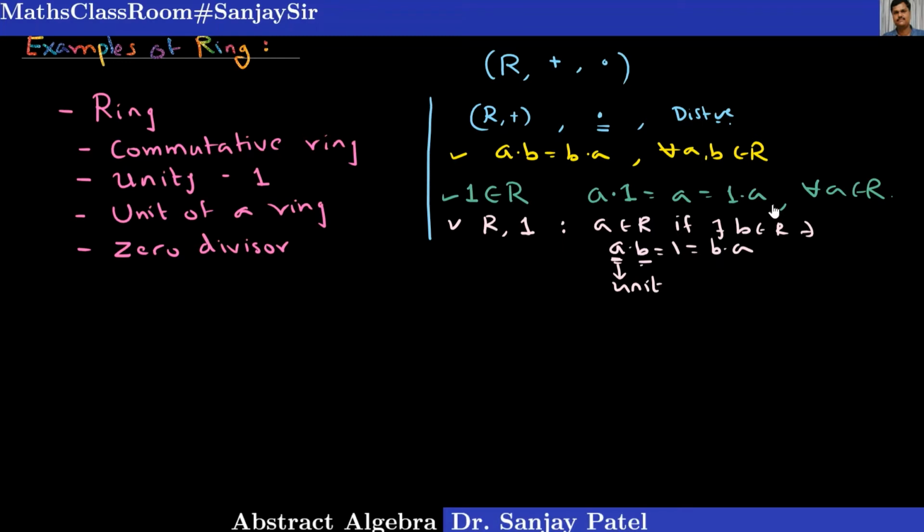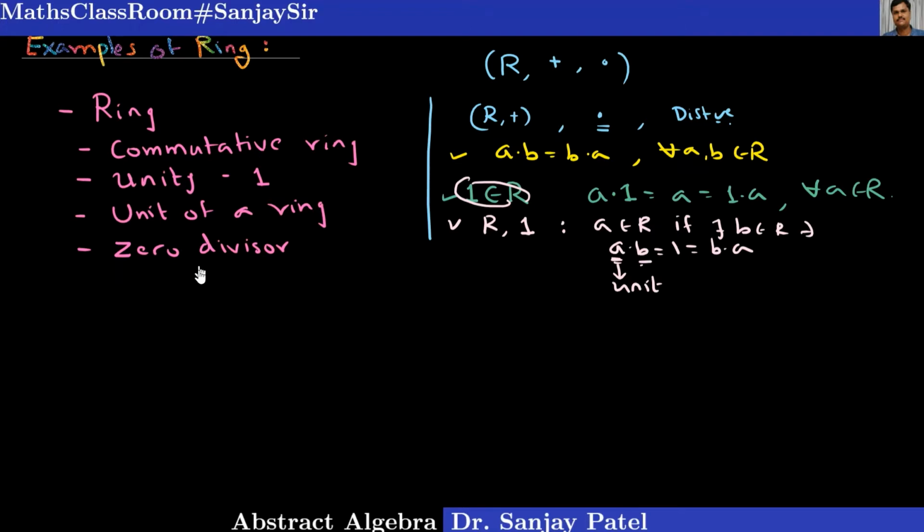Remember the difference: this one is unity element, and this a is a unit element. Unity and unit are different things. Also, if a is a unit, then b is also a unit. In short, a unit element of a ring is an element whose multiplicative inverse exists, meaning whose inverse exists for the operation of multiplication.